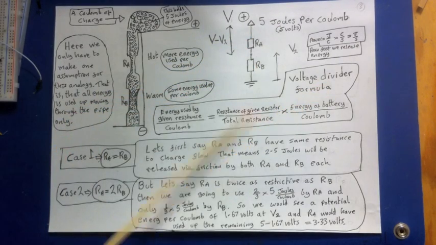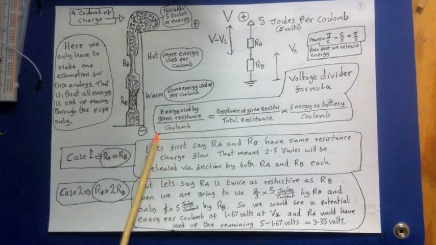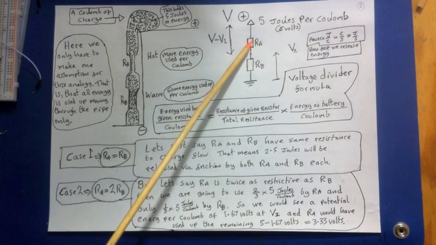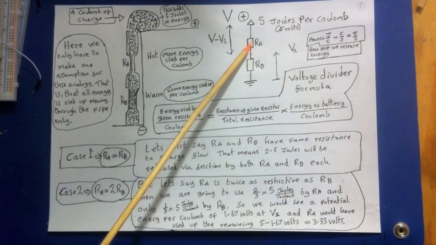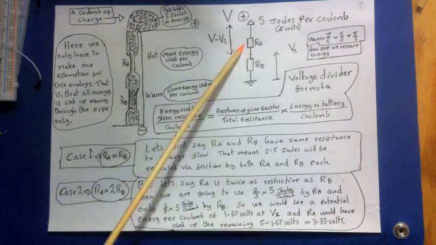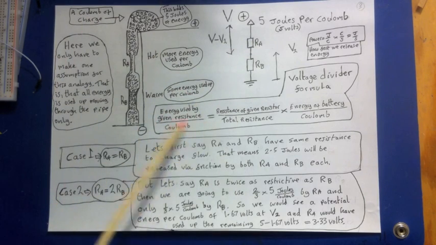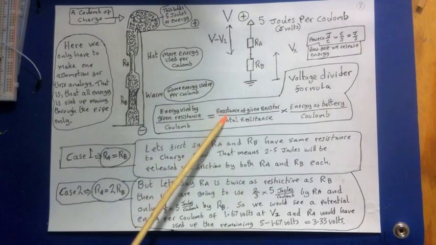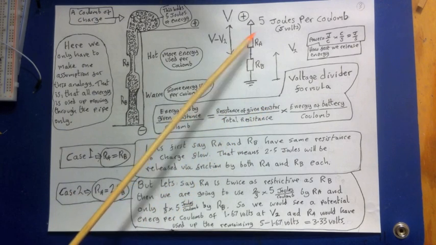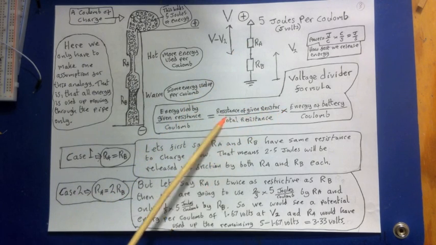I've written down a formula here that you might want to write down somewhere in your notebook: energy used by a given resistance. So if we want to find out the energy used by, say, RA, I've said it in words just now, but in formula form you can just say the resistance of the given resistor, you put that on top, with a division sign here.